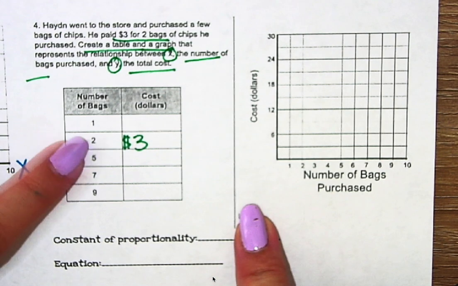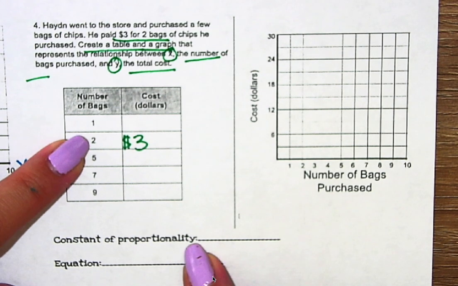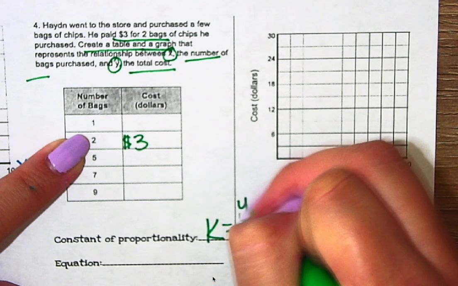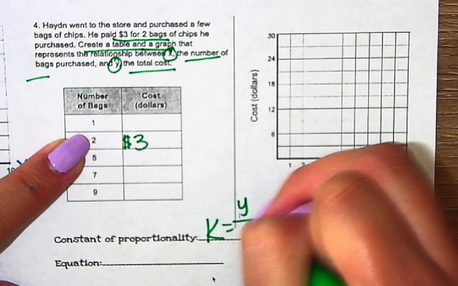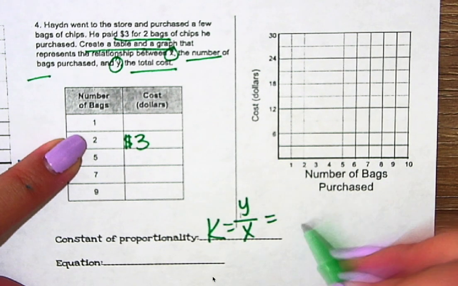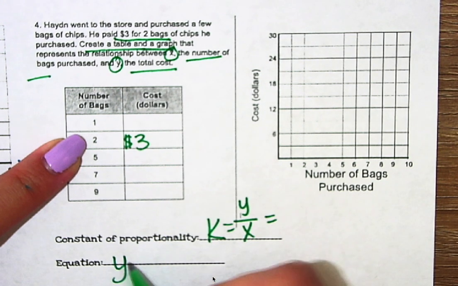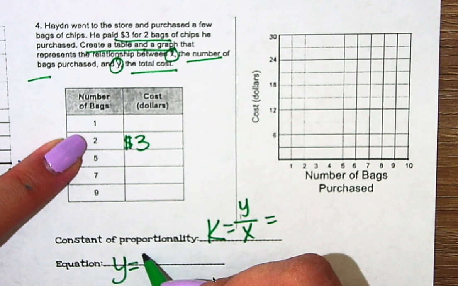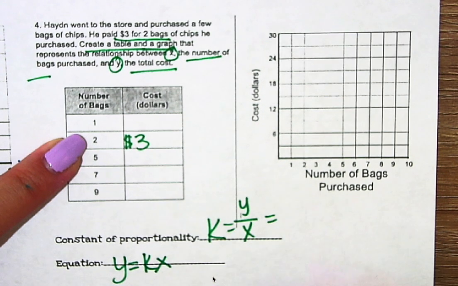Okay, we can use this information to find our constant of proportionality. Use the formula k is equal to y over x. You're going to plug in these numbers right here to get your k. Then you're going to use this k to plug it in to get your equation.